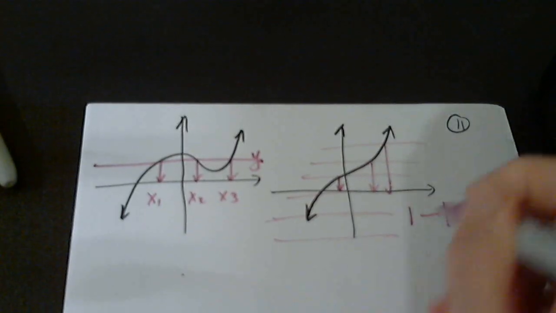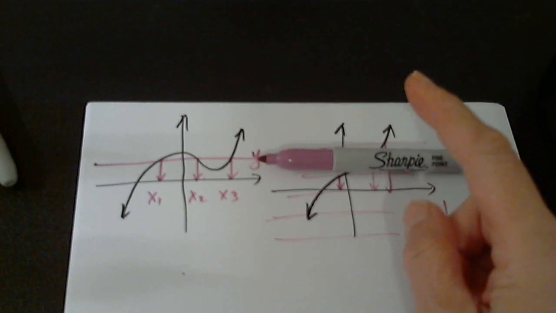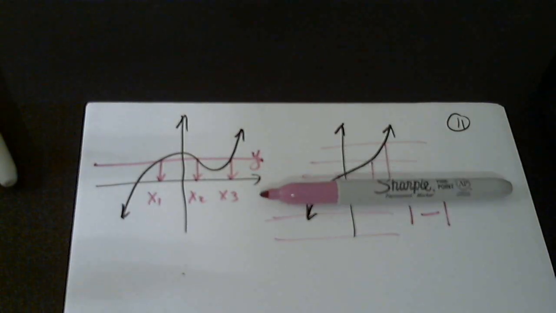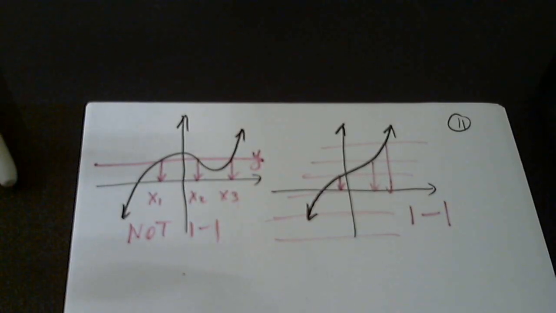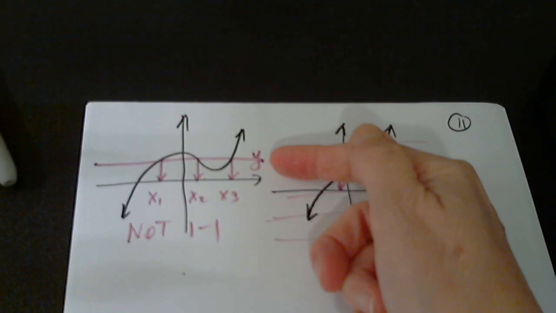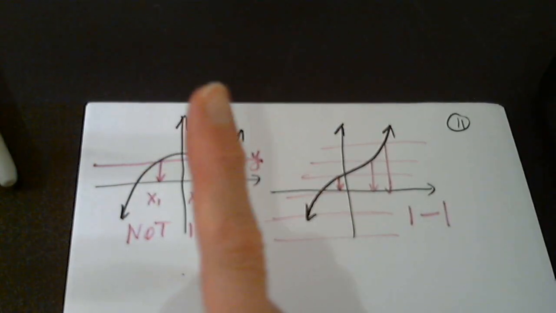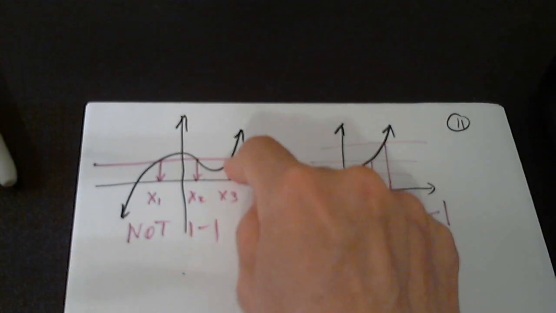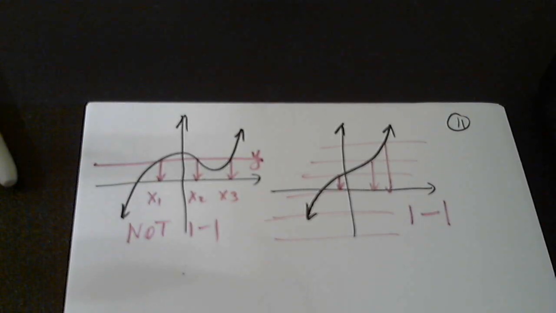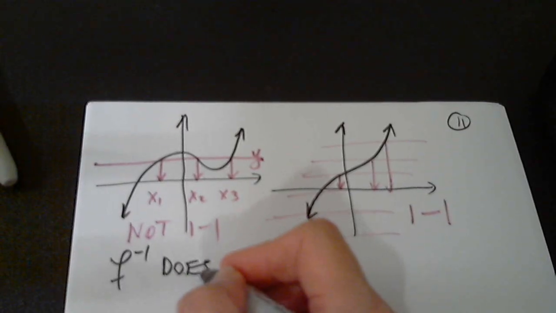This is one-to-one. To each y also, it corresponds only one x. This is not one-to-one, meaning it's sufficient to show that for one y value, I have more than one x value, and the function is not one-to-one. Therefore, this function will not have f inverse. F inverse does not exist.